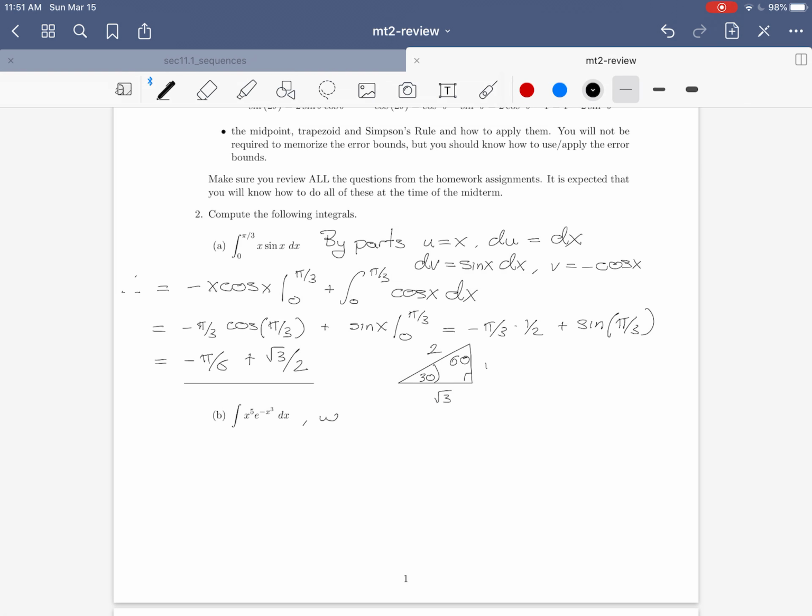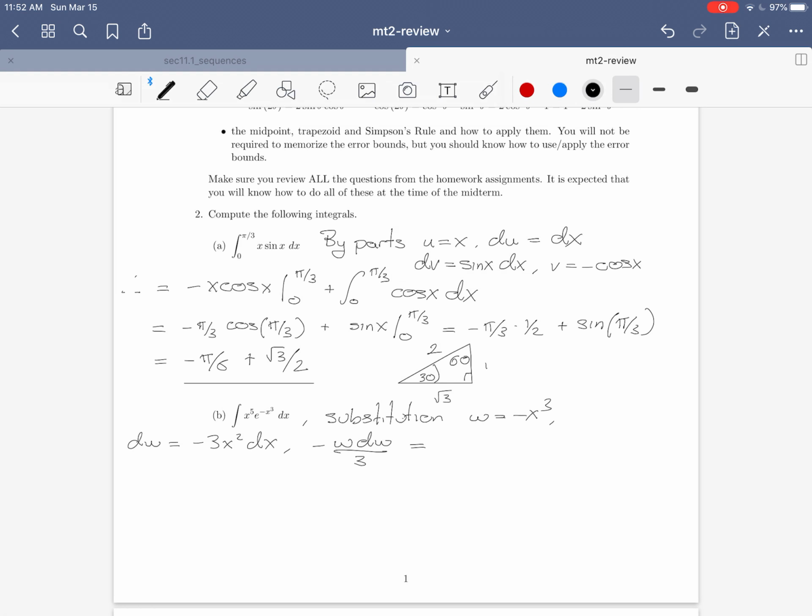And so the substitution we're going to make is we're going to set w to be equal to negative x cubed. Okay? So that gives us, let's do a little bit of work on this, that gives us dw is equal to negative 3x squared dx. And you'll notice that in the integrand we have x to the 5 dx. So what we're going to do here is we're going to multiply our left hand side by w, and we'll divide by negative 3 as well.